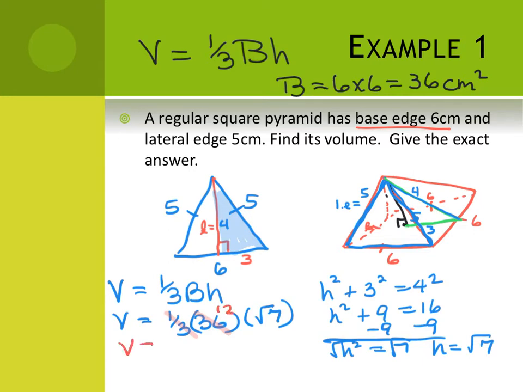And my volume is 12 square root 7 centimeters cubed. So when we're trying to find the different pieces, we're going to have to bring in Pythagorean theorem or special right triangles in order to find missing pieces if we're not given everything we need to begin.